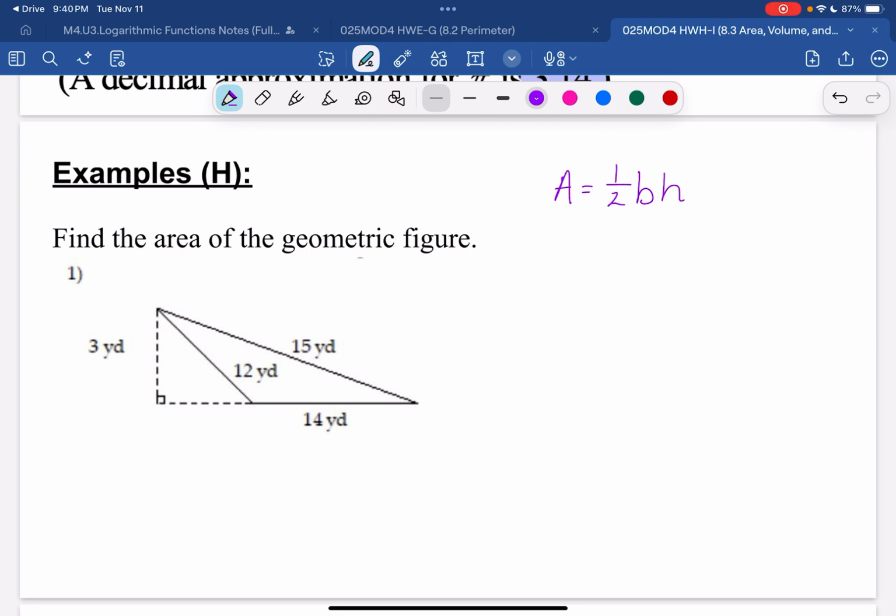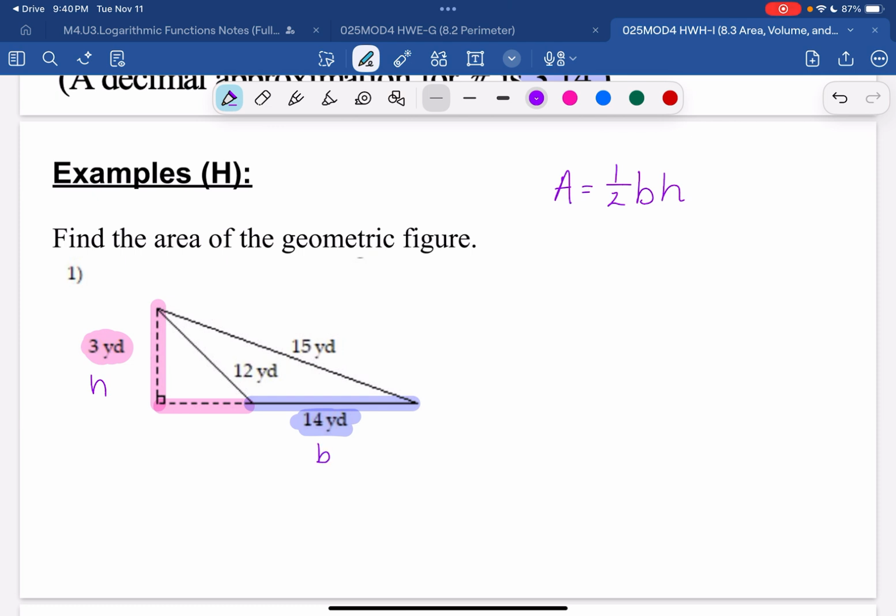The base and the height in this figure are always going to make a 90-degree angle. So the base is this 14 yards. The height is going to be this 3 yards. And you can see it's kind of weird because the height's not actually inside the triangle. But we can see that they do make this 90-degree angle together. So the height of this triangle is 3 and the base is 14.